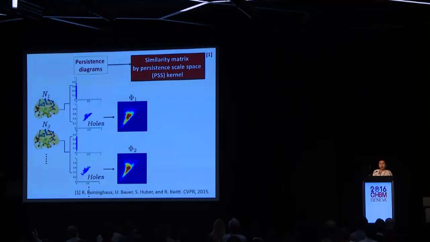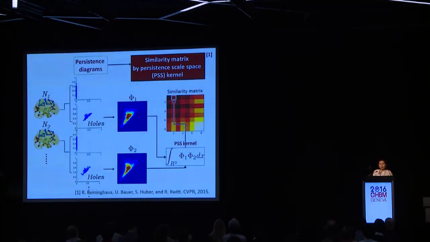It first performs kernel smoothing, and it estimates the PSS kernel. It is the inner product in two-dimensional space. So we can estimate the similarity between two persistence diagrams as a scalar value. So we have 8 networks, and so the similarity matrix is 8 by 8.